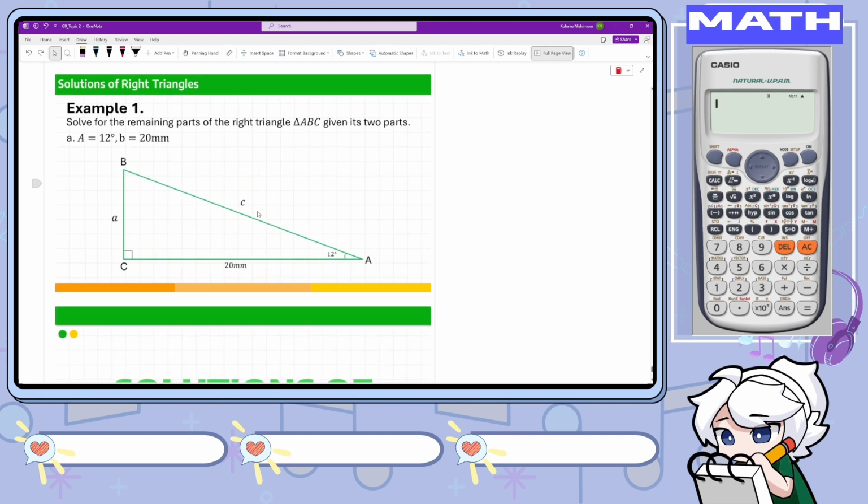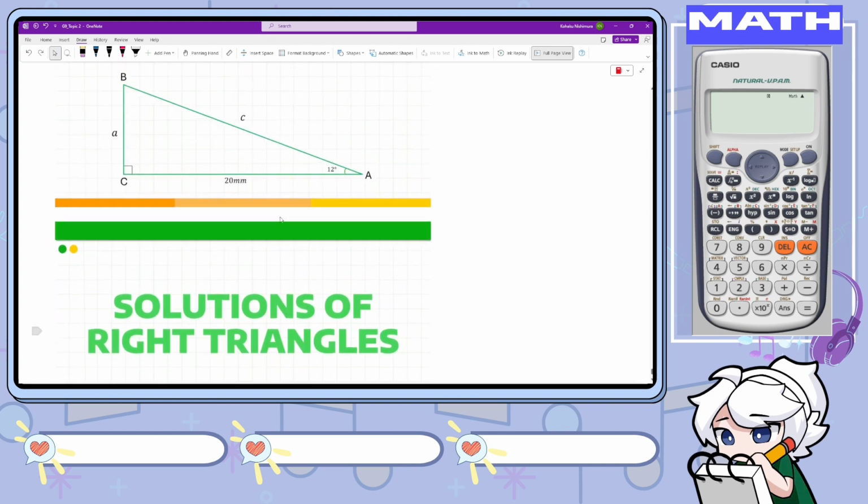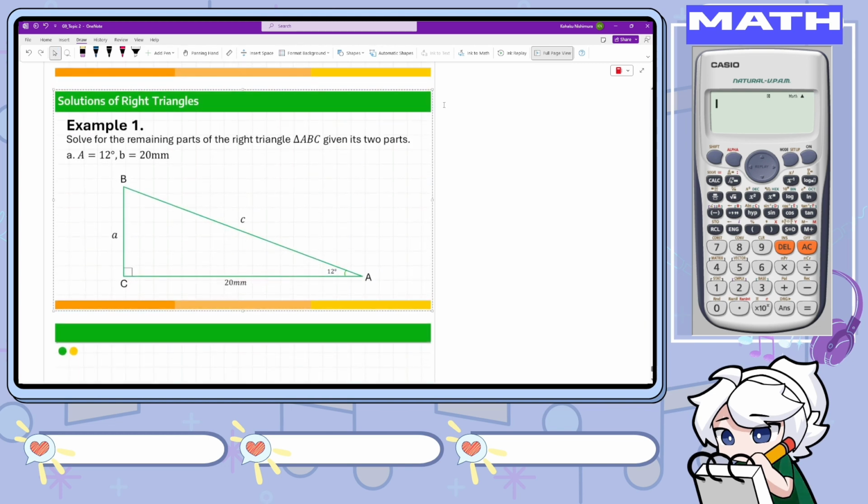Okay, example 1. I have 2 parts given wherein I have 12 degrees for A and 20 millimeters for side B. So if I want to solve for the rest, I can use this, right?